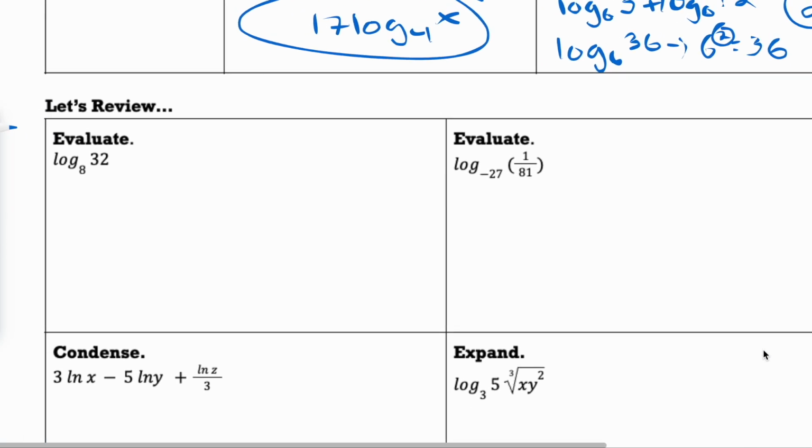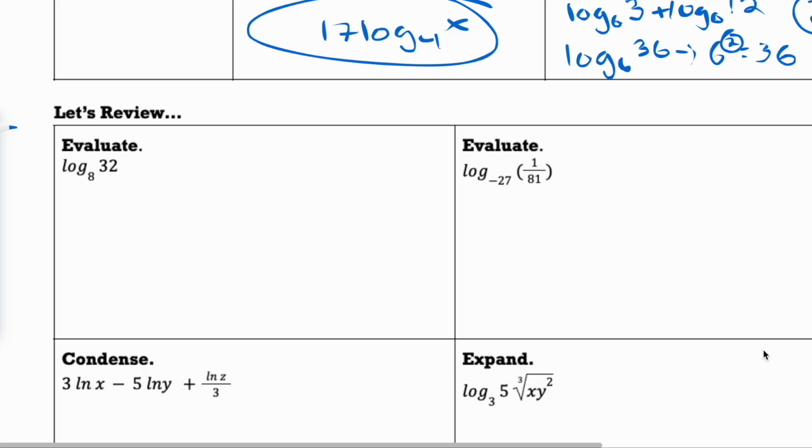Okay, so we're going to review real quick. I'm just going to go rapid fire. Here we have log base 8 of 32. That's the same thing as saying 8 to the x power equals 32. I'm going to break this down. I know both of these are multiples of 2. I know 2 to the third is 8, and 2 to the fifth is 32.